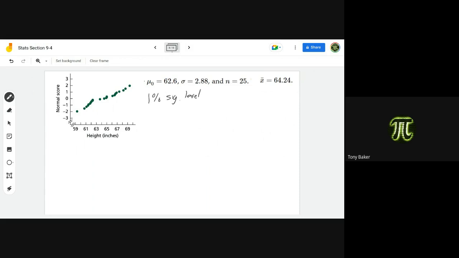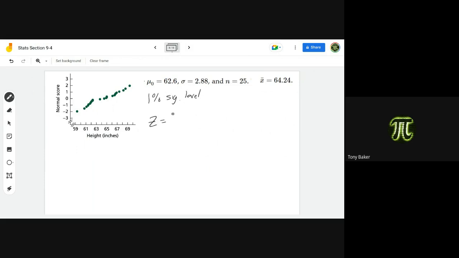Okay. All right. What's the first thing we have to do? Or, sorry, second thing we have to do, because we've already done the first thing: figured out a significance level. That's step 2, right? We got 1%. What's the third step? We got to figure out the test statistic, right? So that's my Z.